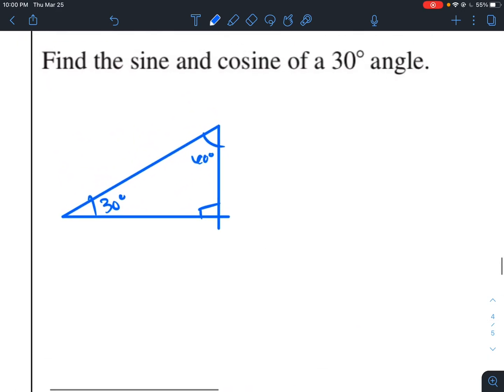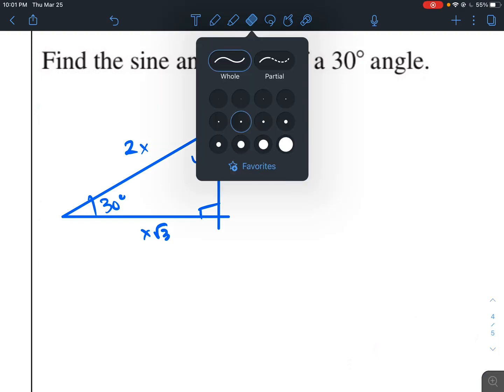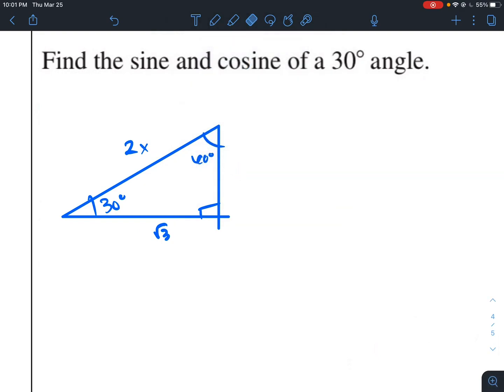So if you remember the ratio for 30, 60, 90, we referred to this side over here as x, and the longest side as double the shortest side, and this side as x times the square root of 3. So the thing about this is that we can just drop the variables, because when we're talking about ratios, the variables are irrelevant. The ratios are what we're trying to find here.